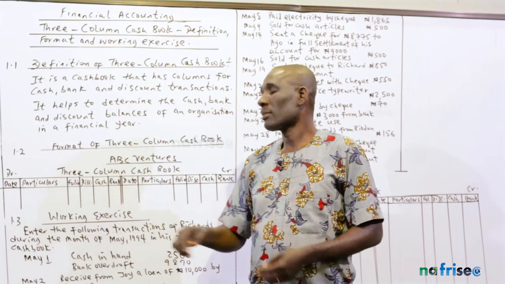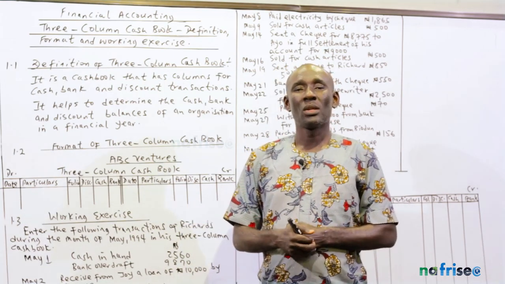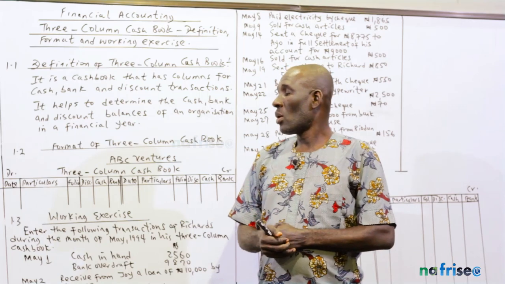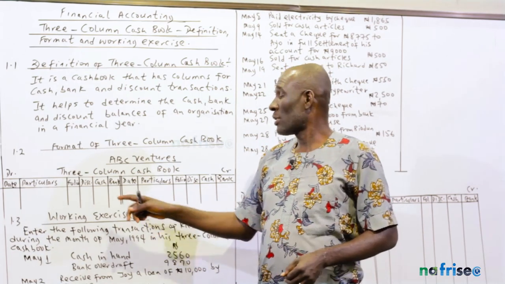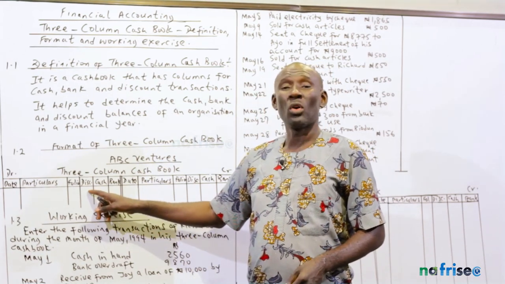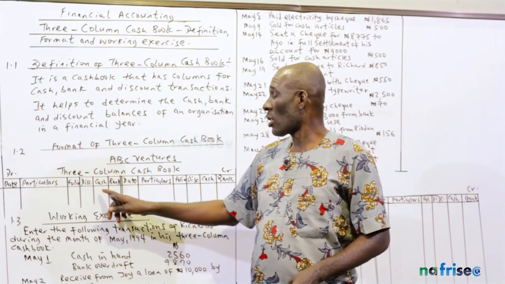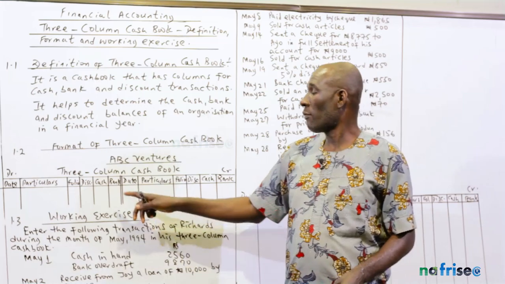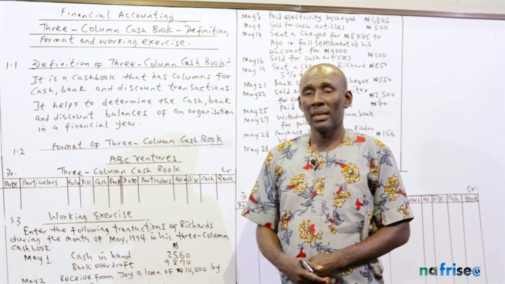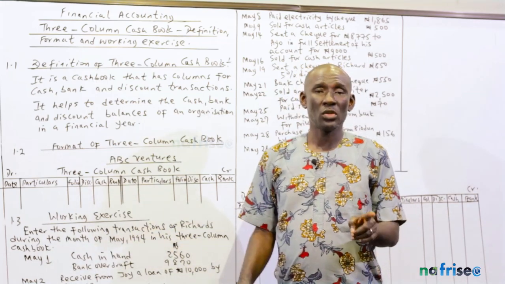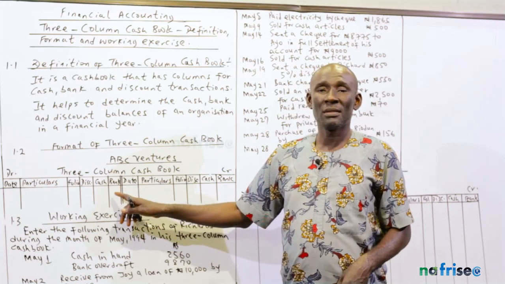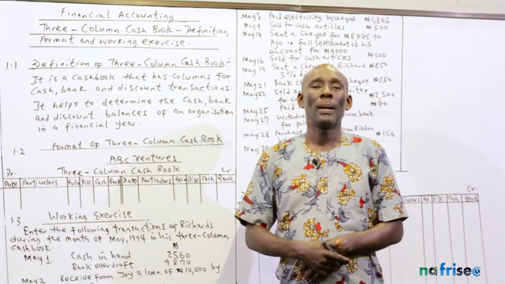We have another column for discount. We'll see how a student ought to record in the discount column. We have the column for cash, the column for bank. This involves cash transaction, while if check is involved, we record it under bank.